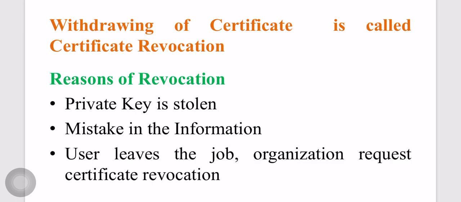For example, a user working in a corporate field gets a good offer and shifts to some other company. He has to give back all the credentials. Why? Because the complete database was maintained with the help of the same certificate.